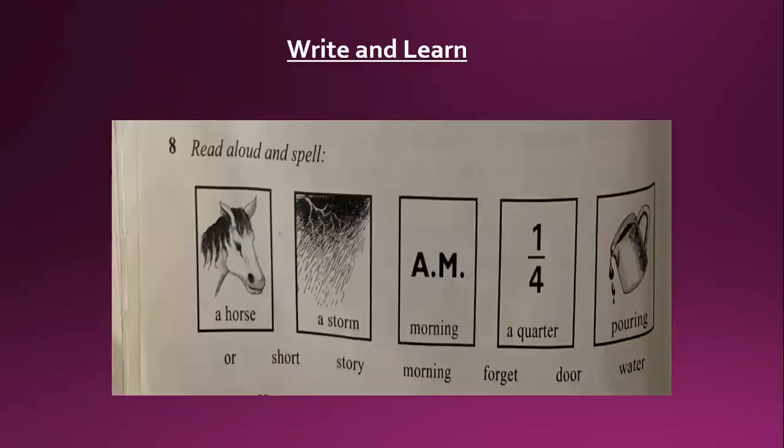Now on this page, we have the read aloud and spell. Exercise 8, read aloud. These are the words you have to read, then write, and then learn these spellings. A horse, an animal, horse. Storm: when there is rain with thunder and lightning, then we say storm. AM: when the time is in the AM, it's morning.